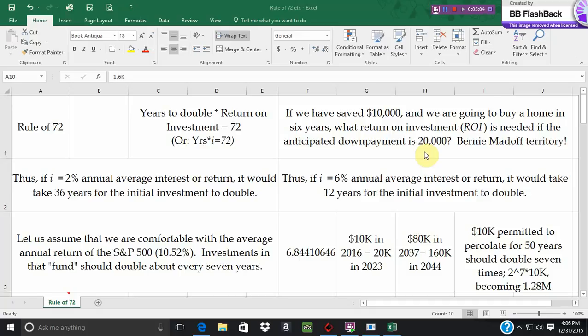I say hopefully because the models tend to show that 95% of the time over a 30 to 35 year period, we will not deplete it. That is, we do have a 5% risk that it'll be gone at some point in there. To me, that's a relatively low risk when we look at long-term returns.